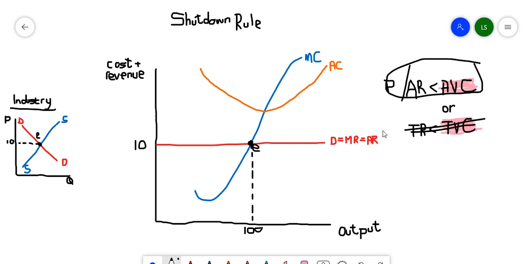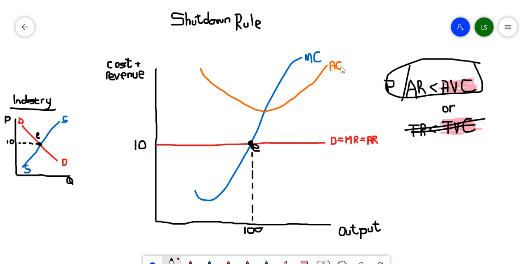We have our average revenue. We now need to add the average variable cost. Average cost is there just to indicate that this business is making a loss. Remember, he will not shut down if he's making a profit. Then we wouldn't be doing this.